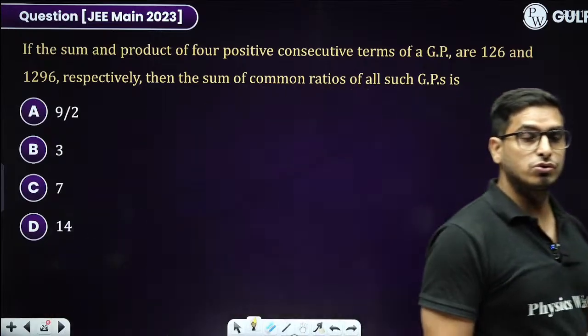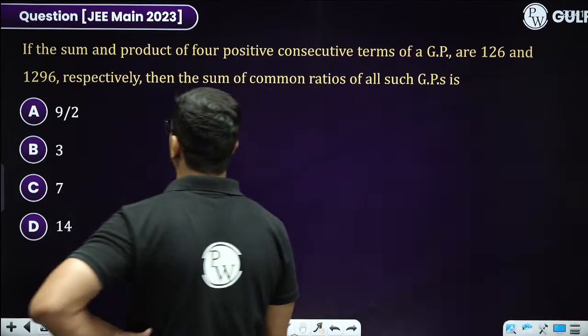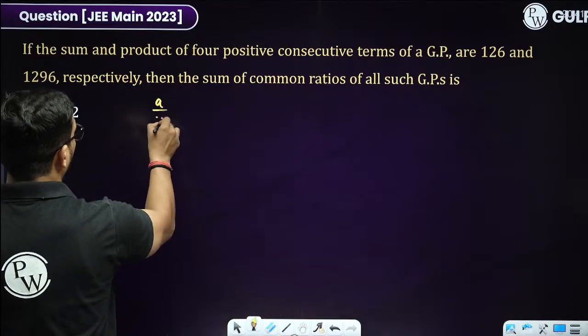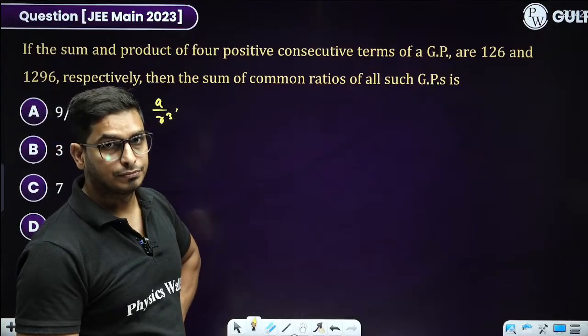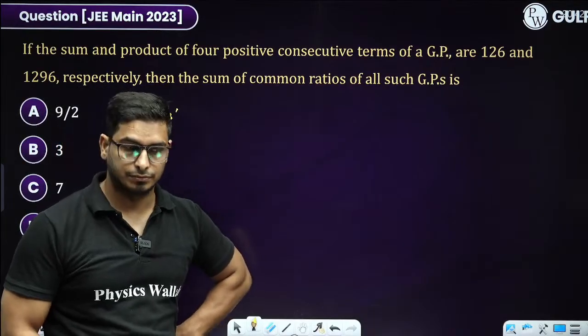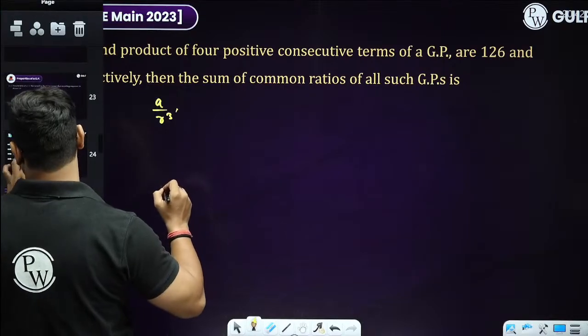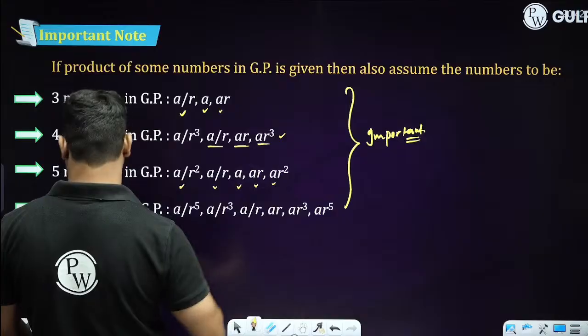You have to solve a bit, so use your math. A by R cube, then the second number A by R, AR and AR cube.